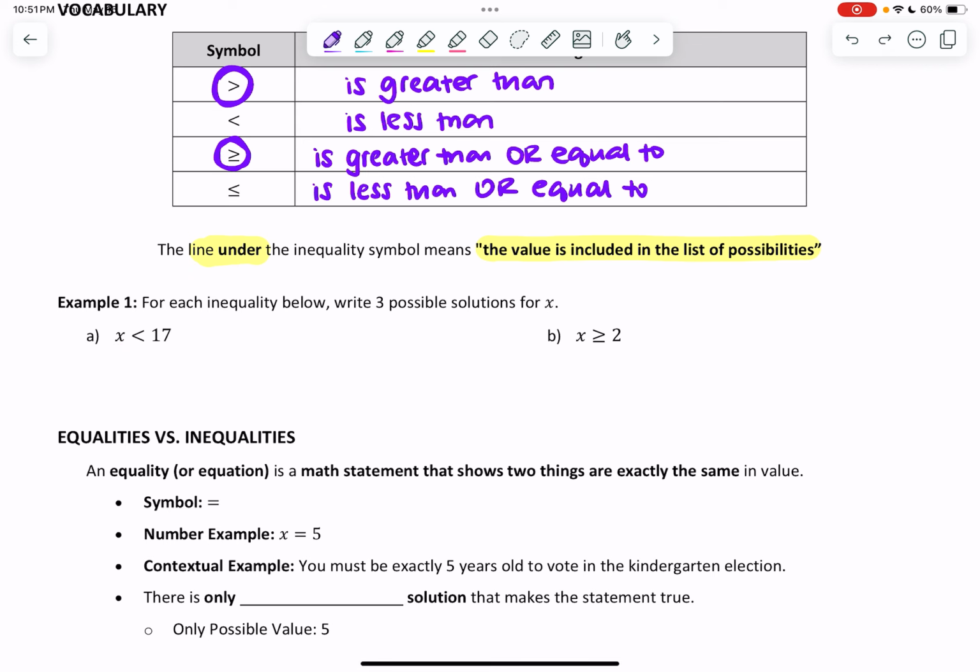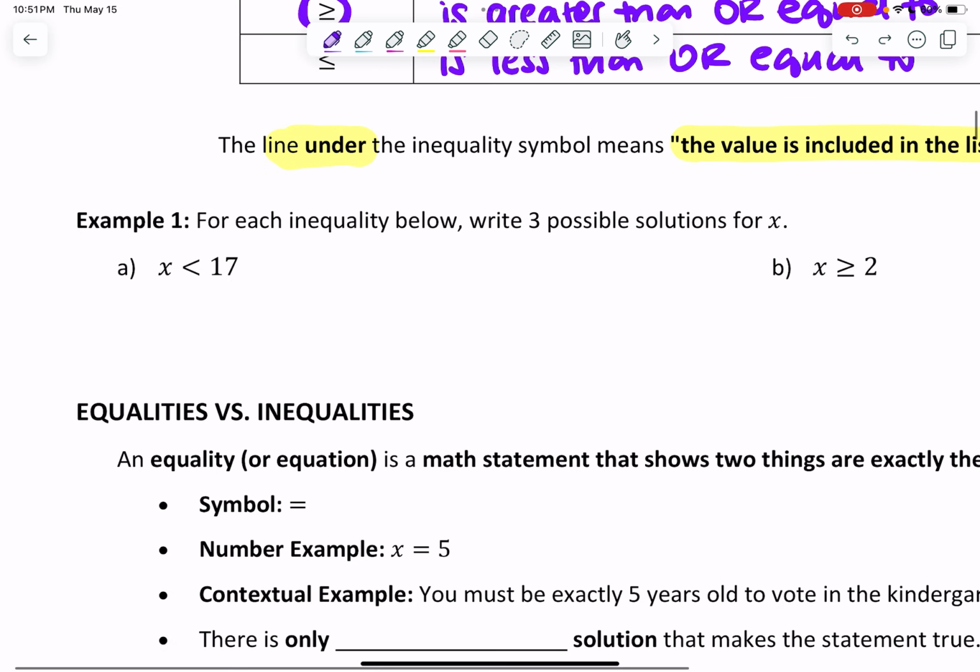But I also want you to figure out 3 values for X that possibly satisfy that inequality, which means if I substituted that value in the spot of X, it would make the inequality true.